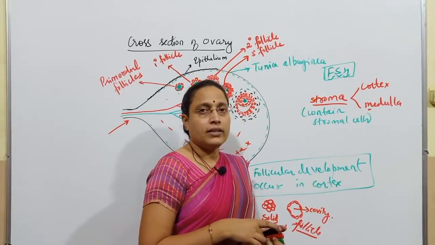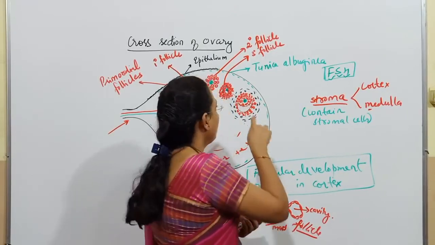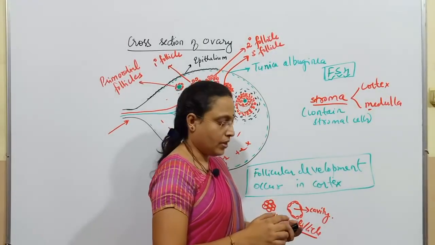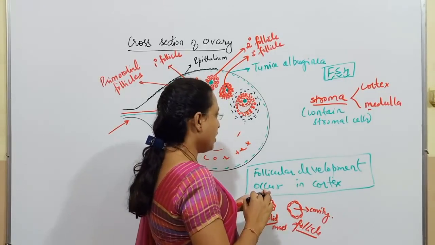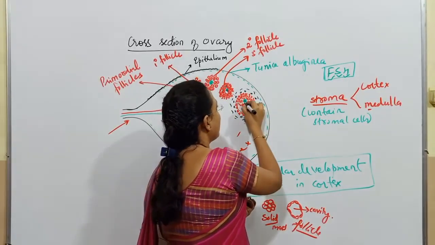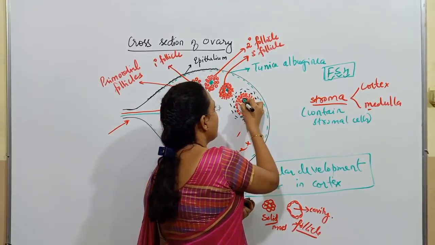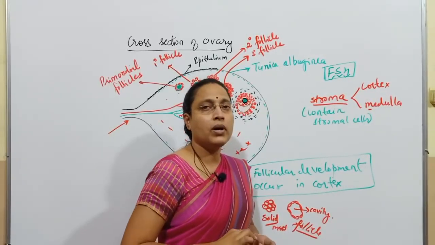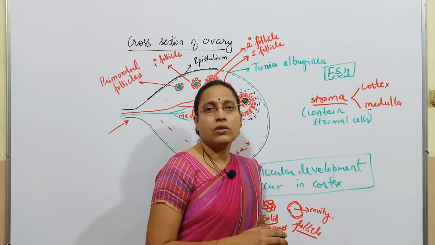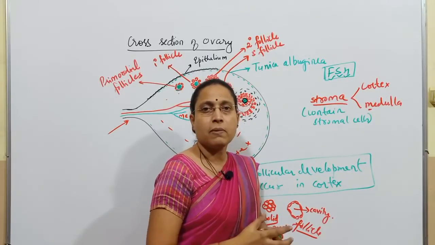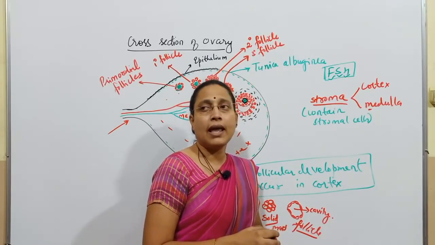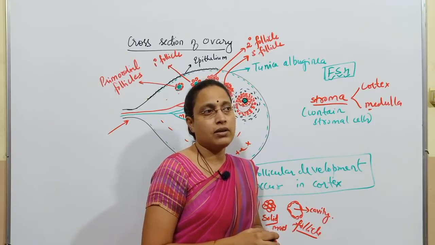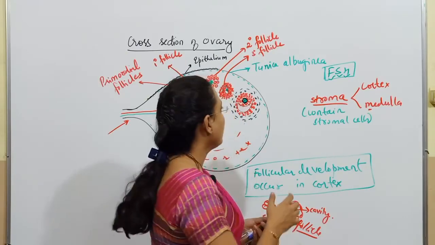Now this mature Graafian follicle will have an ovum inside, which has developed a layer surrounding it, and this layer is called zona pellucida. Zona pellucida is formed just next to the plasma membrane, surrounding the plasma membrane. It is a non-cellular layer which is transparent and is rich in glycoproteins.